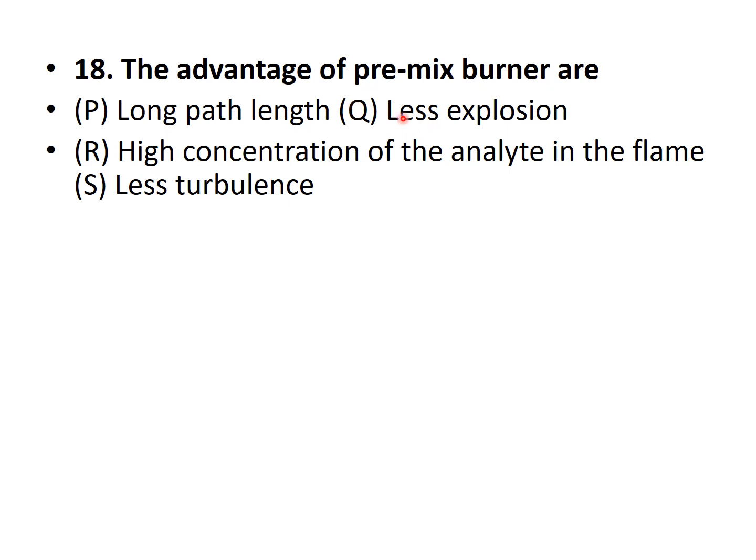No, there are the chances of explosion in premix chamber burner. R, high concentration of the analyte in the flame. No, we can say about 90% of sample is lost, so this option is not right. And S option is less turbulence, meaning the flame is more stable, so this is quite appropriate.